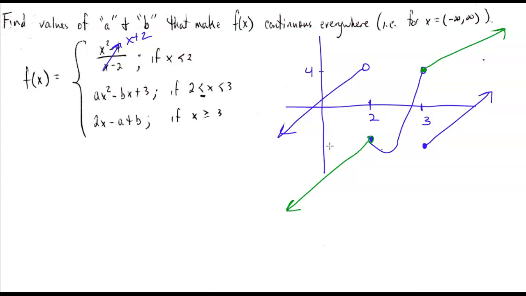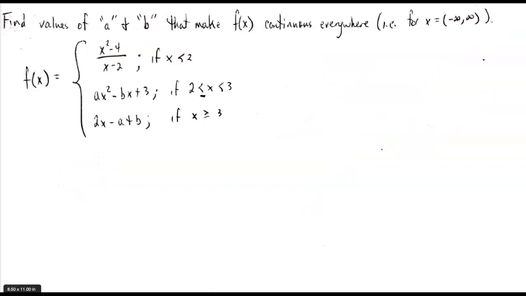Now, what we're going to do is computationally figure out what a and b should be so that if we wanted to draw the graph of this piecewise function, we would know what a and b would have to be in order for it to look something like this. Okay. All right. So now that we understand conceptually what's going on here, I'm going to erase this and then we're actually going to work out the problem computationally.